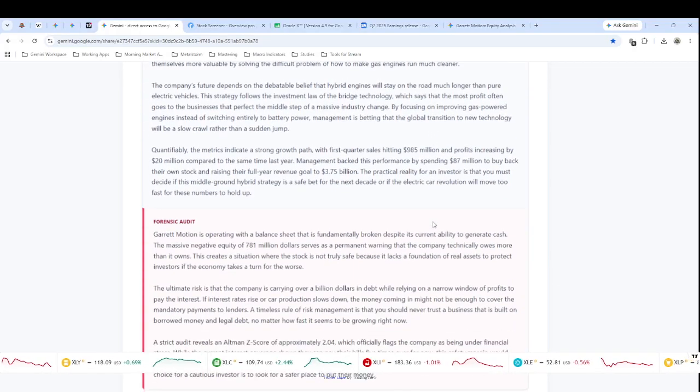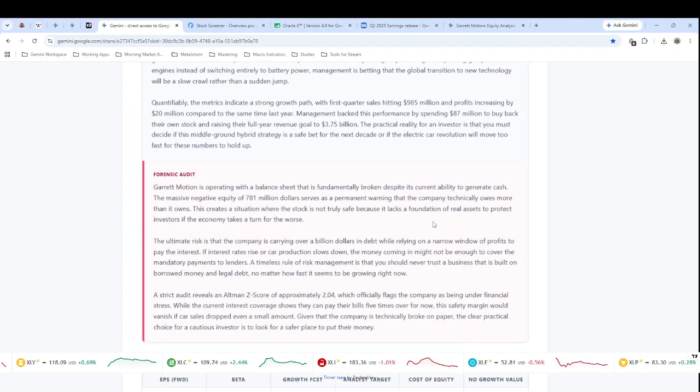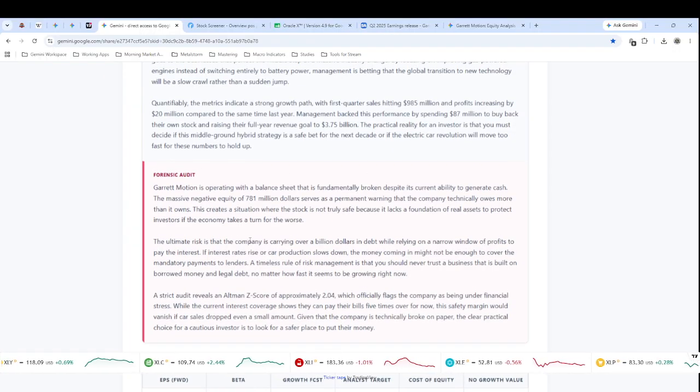Okay. Let's go right to the forensic audit here. Let's see what's going on here. All right. Fundamentally broken balance sheet. We already know about that part. The ultimate risk is that the company is carrying over $1 billion in debt while relying on a narrow window of profits to pay the interest.